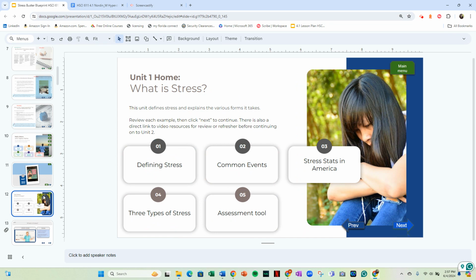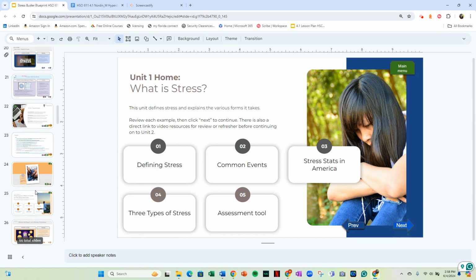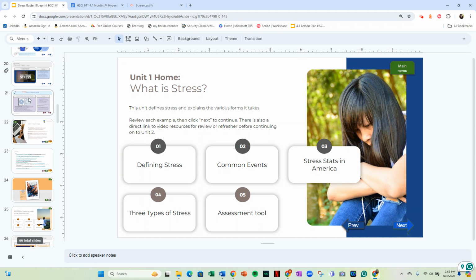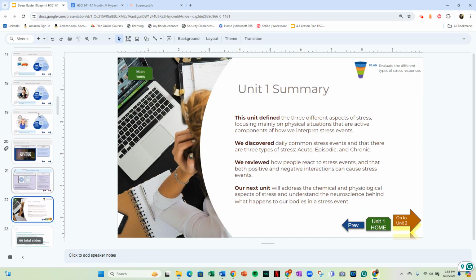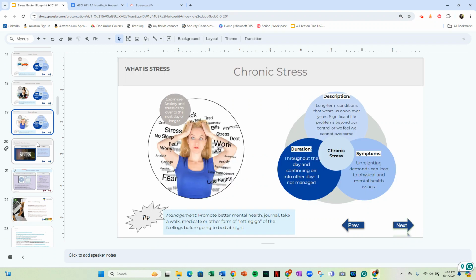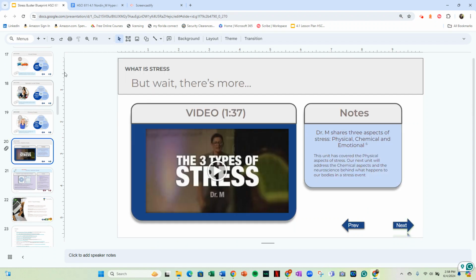Within each of these units, you see unit objectives. Then at the end, we've got the activity I mentioned and a summary. And embedded in all of these would be infographics and videos for you.